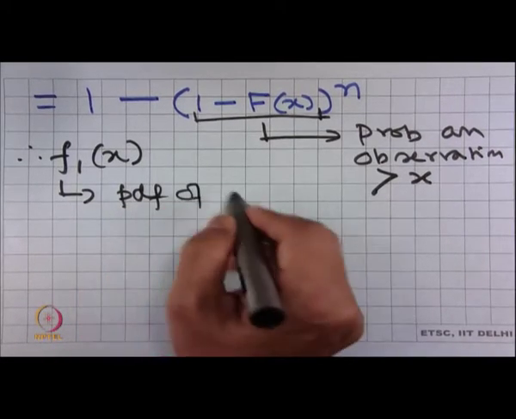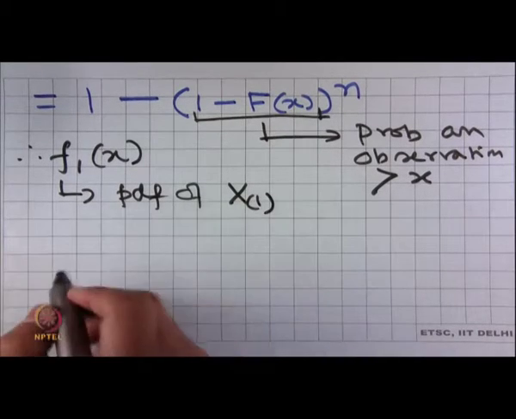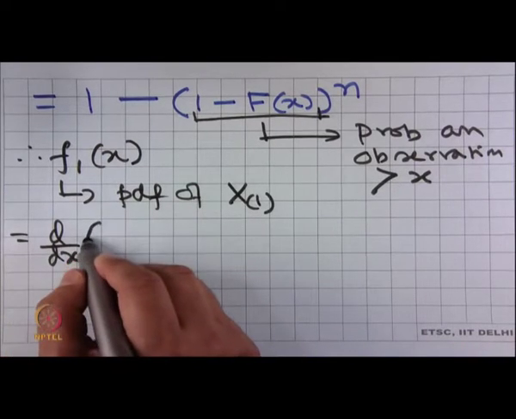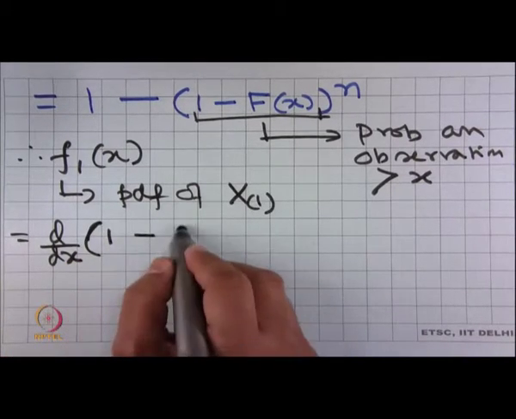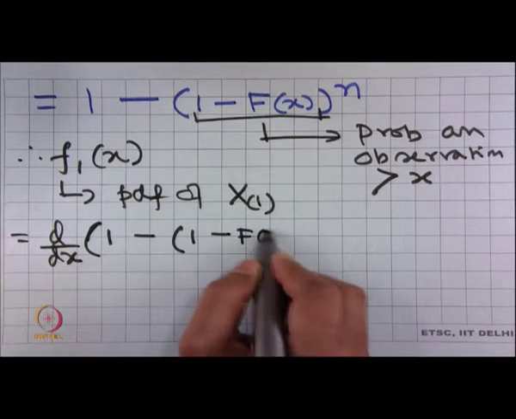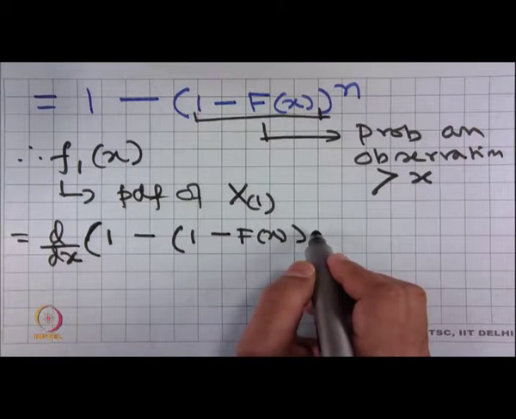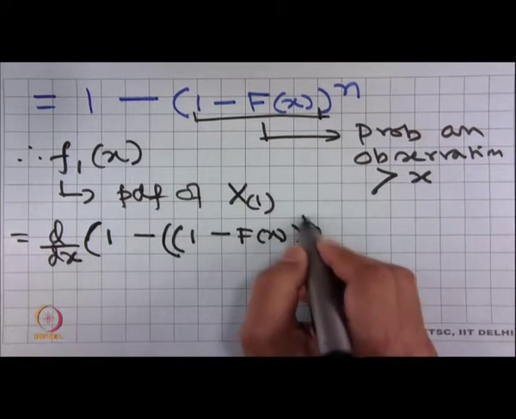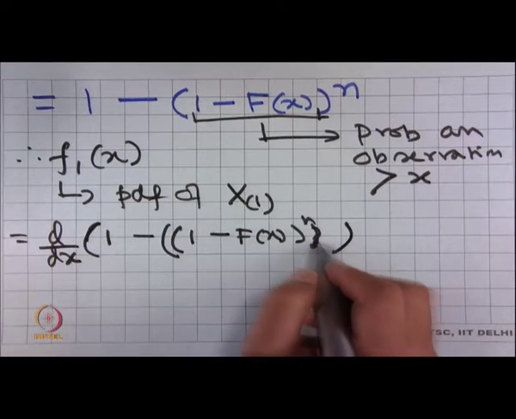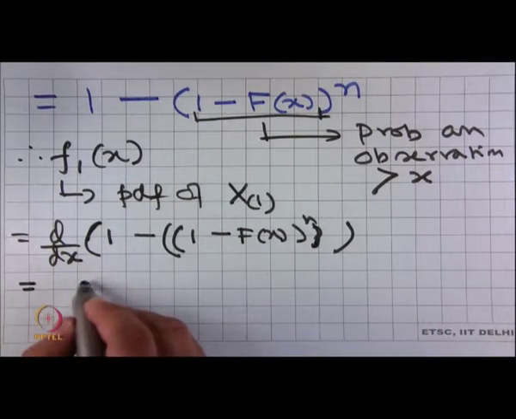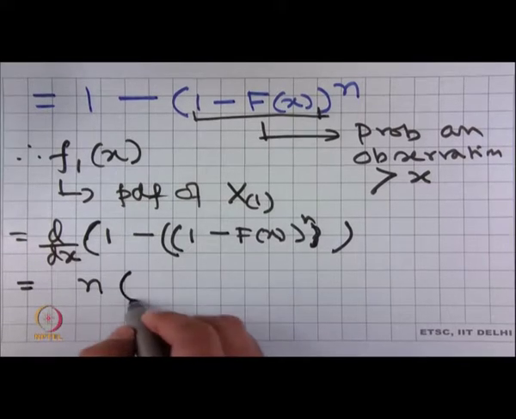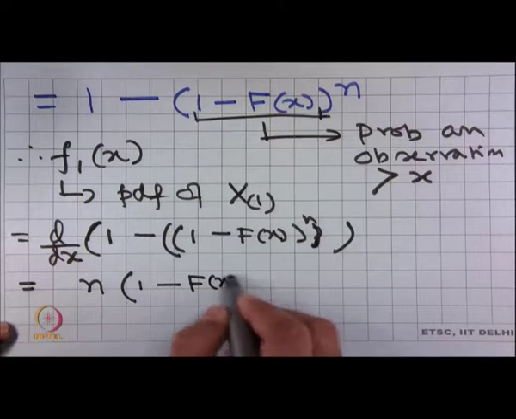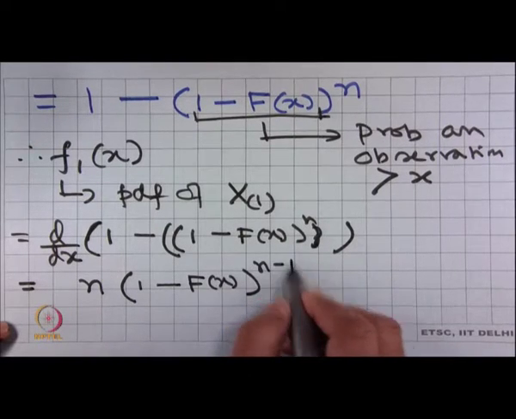Therefore, what is f 1 x? The PDF of x 1 is equal to d dx of 1 minus F x whole to the power n, is equal to n into 1 minus F x whole to the power n minus 1.